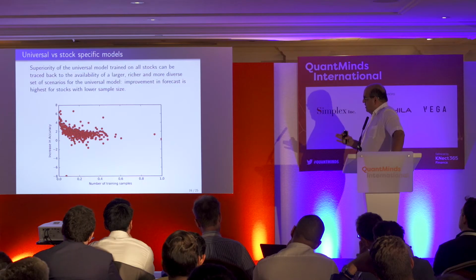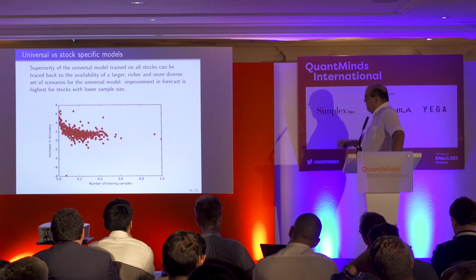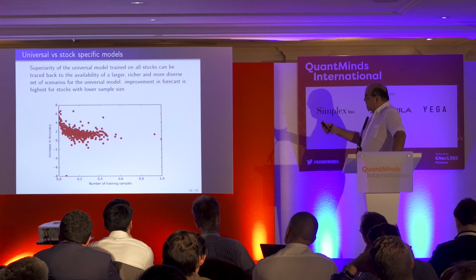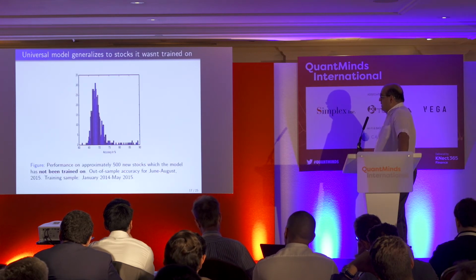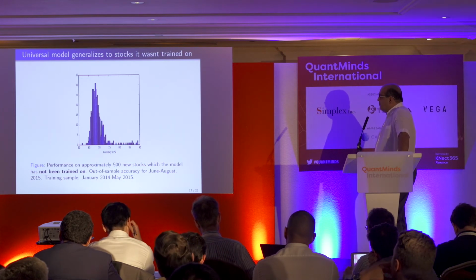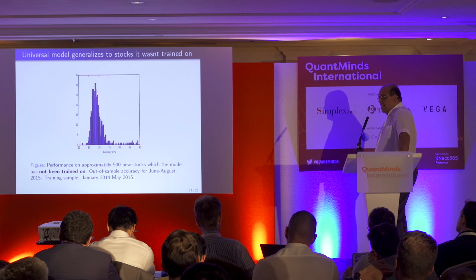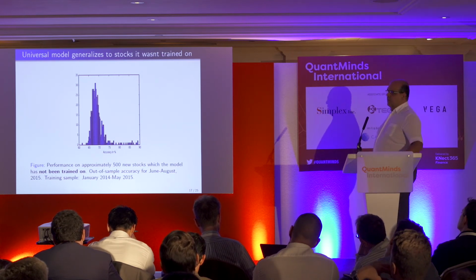Now, that was just stocks that are in this sample, and you train it on lots of other stocks also, and it improves. And here is something even better. Remember, we have 1,000 stocks. We train on 500 stocks, and then we test it on the 500 others, which were not used in the training sample.